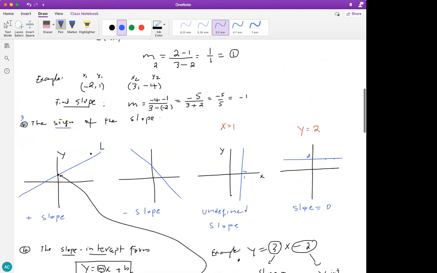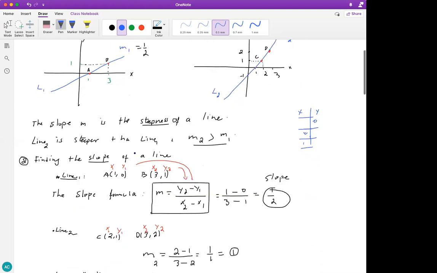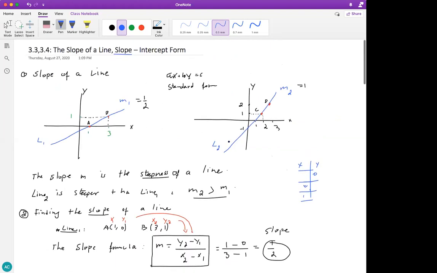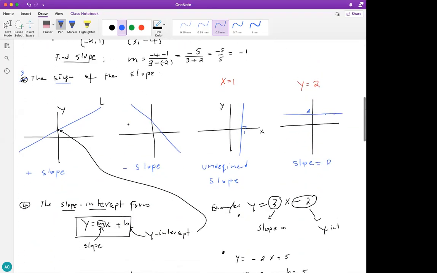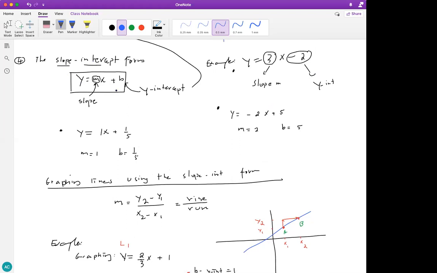So again, remember the notion of the slope. It just means the steepness of the line. This is how you find it. Keep in mind, the steeper the line, the higher the slope, or the absolute value of the slope is. All the possible lines or slopes are here. And slope intercept form is very useful because it gives you the slope right away.